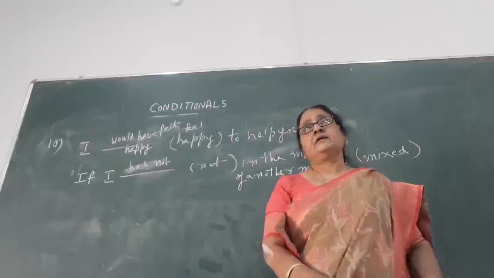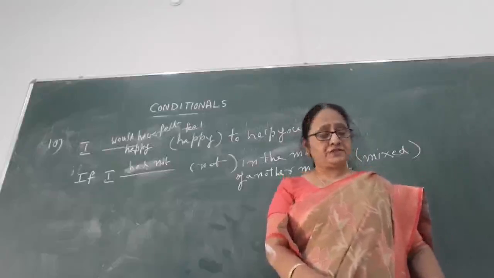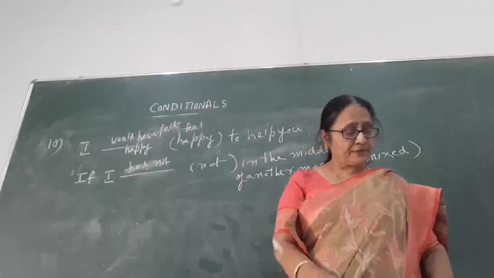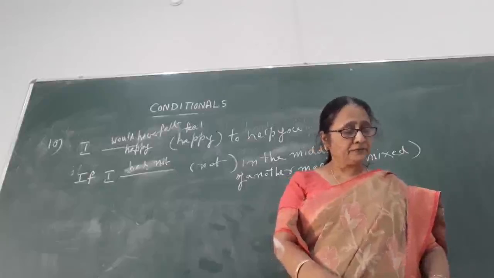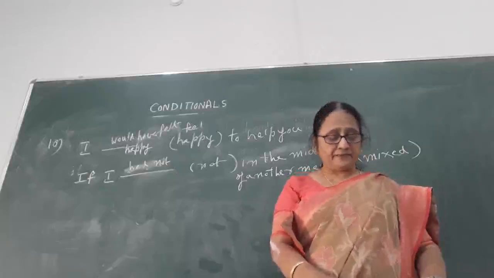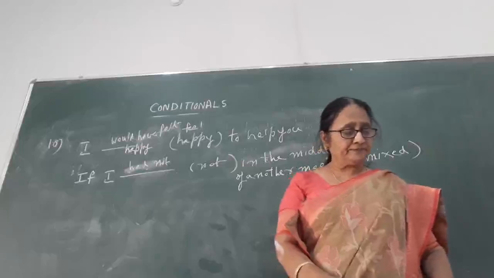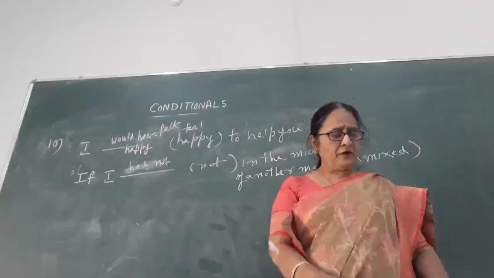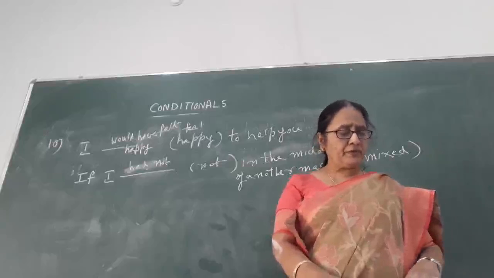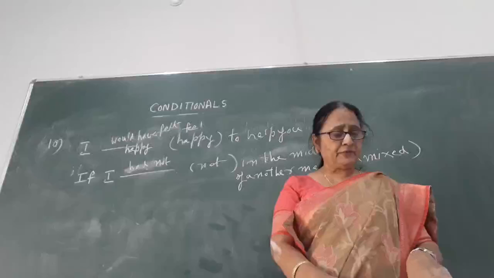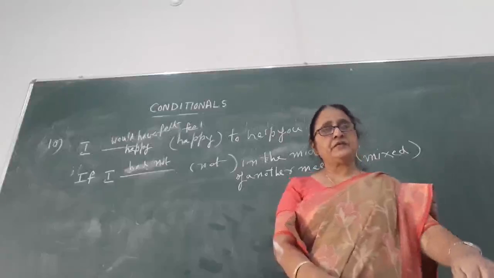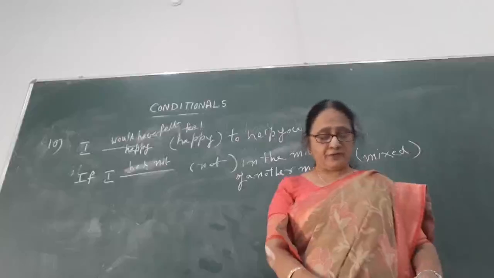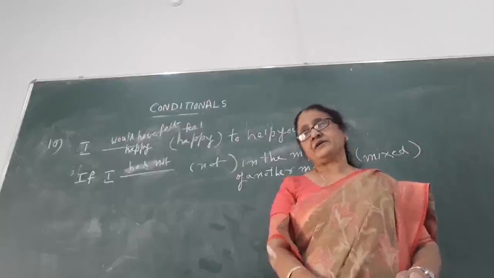This is the mixed conditional. So fifth one is A. Then sixth one, I would inform the police. Then the correct one will be C: I would inform the police if I were you.